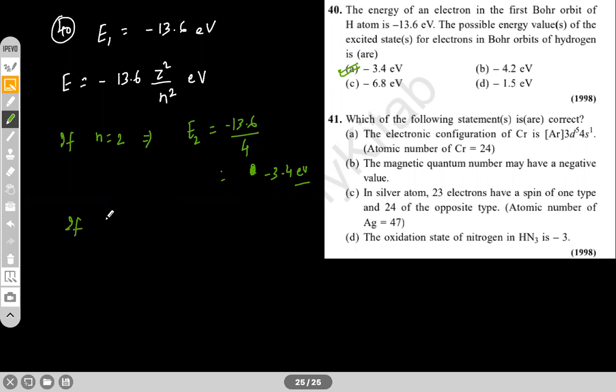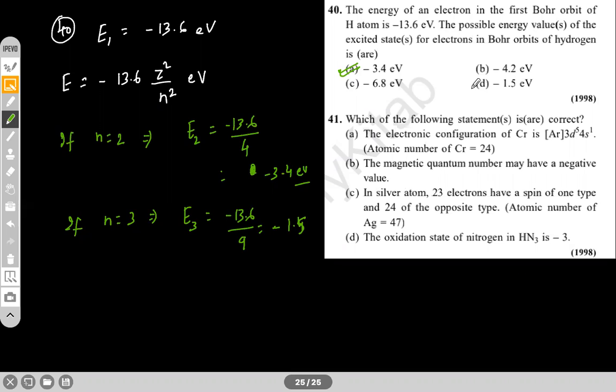If n is equal to 3, then E3 is equal to minus 13.6 by 9, that is minus 1.5 electron volt.